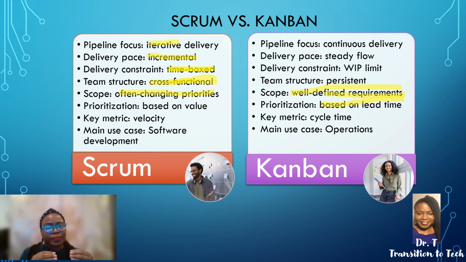We gave ourselves 6 cycles, so 6 time boxes, so 6 sprints. The sprints were 3 weeks, so we gave the team 18 weeks to mature to the level that they would move to Kanban.